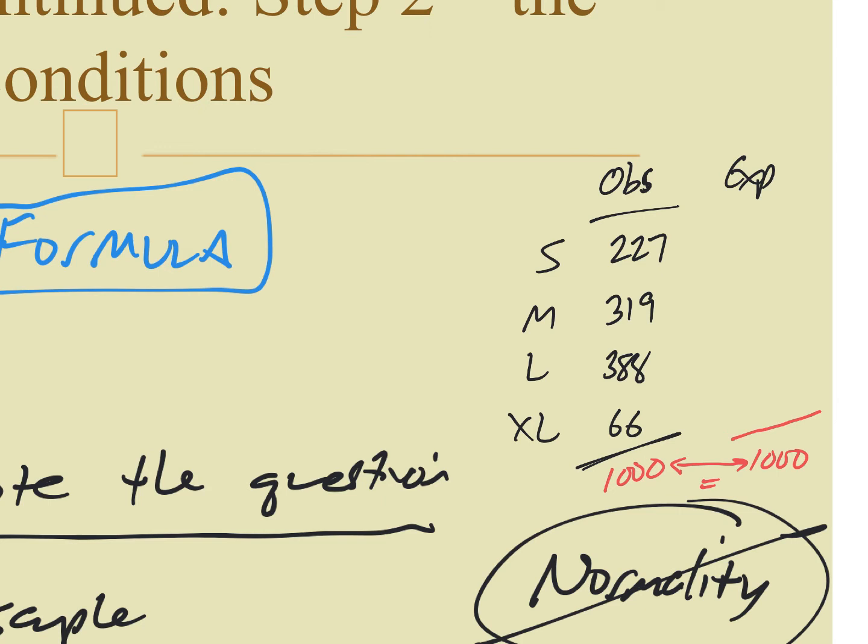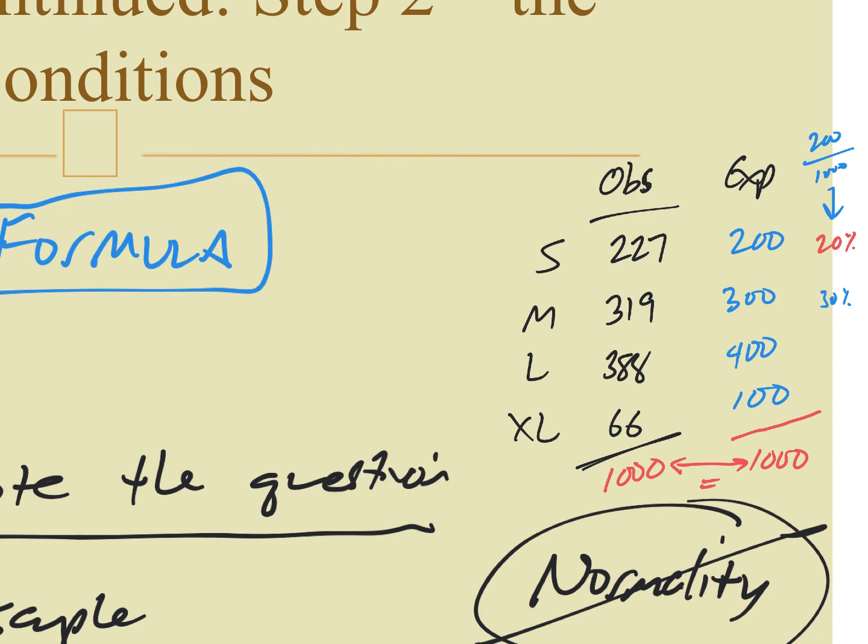So we expected 20% of the shirts to be smalls, which means out of the 1,000 sold, we expected 200 smalls, because 200 out of 1,000 is 20%. We expected 30% to be mediums, so 300. We expected 40% to be larges, so 400, and we expected 10% to be XLs, so 100 extra large.